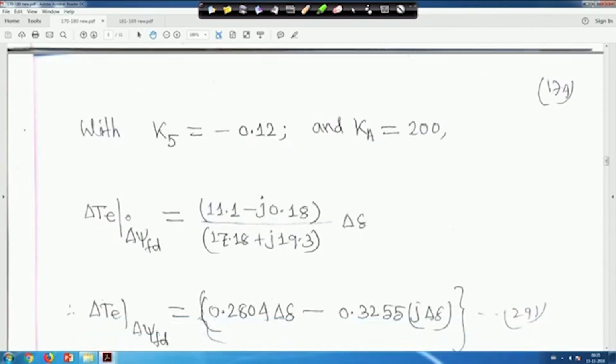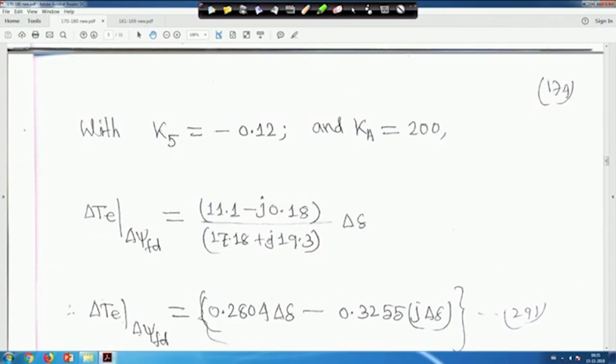then you will get the delta T component due to delta psi FD, that is (11.1 minus j 0.18) divided by (17.12 plus j 19.3 delta delta), right.